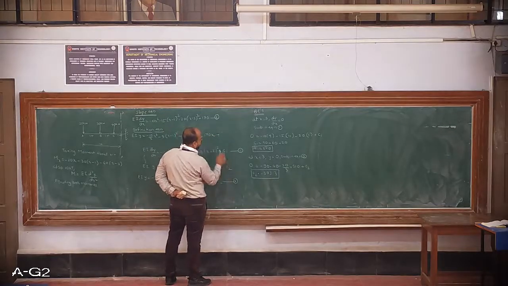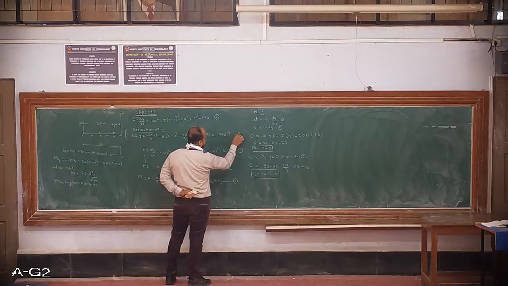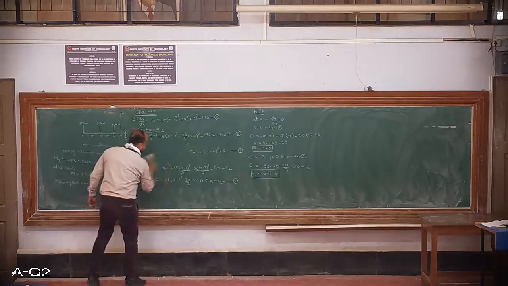C2 is minus 373.3. This is equation number B. So one is the slope equation, the other one is the deflection equation.